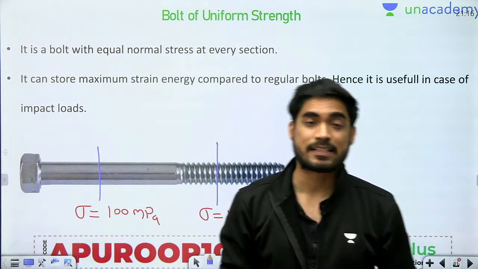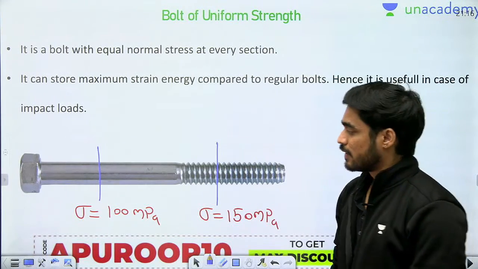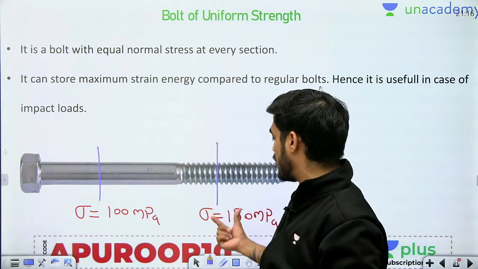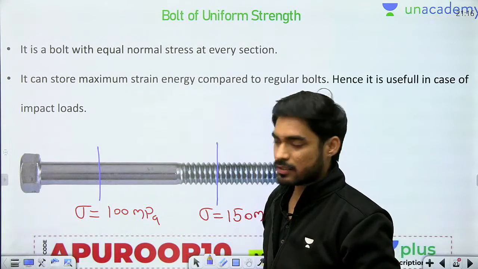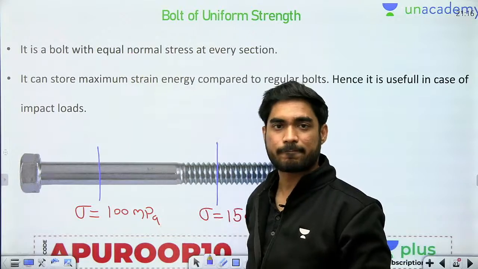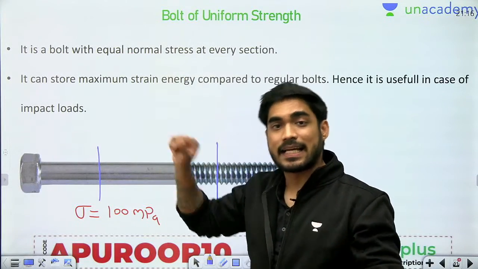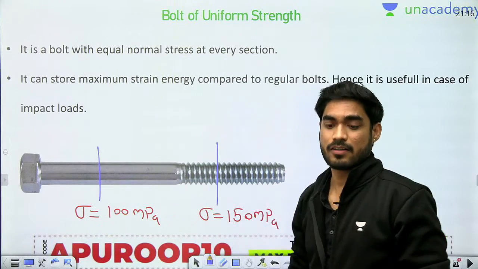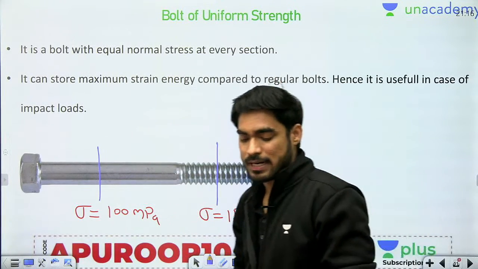When will it absorb the maximum amount of energy? If I make the sigma of this part equal to this part, then this part will also absorb maximum energy. Then in that case, I will get maximum resilience. Do you understand my point, what I am trying to say?